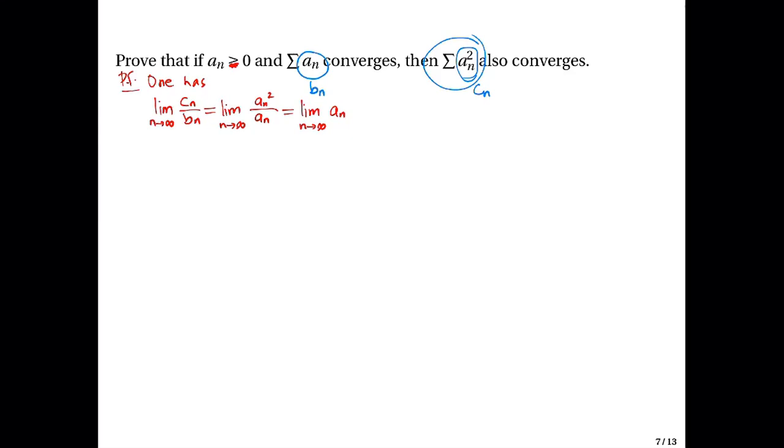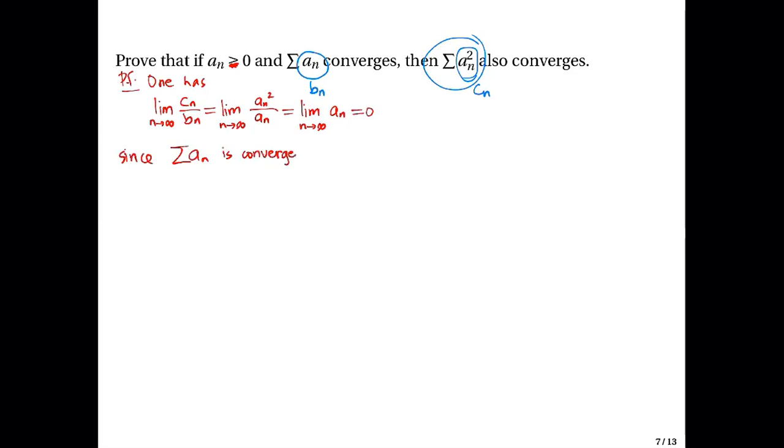The contrapositive, the actual theorem, is: if the series is convergent, then the limit of the terms must be equal to 0. This is equal to 0 since we assume that the series an is convergent.